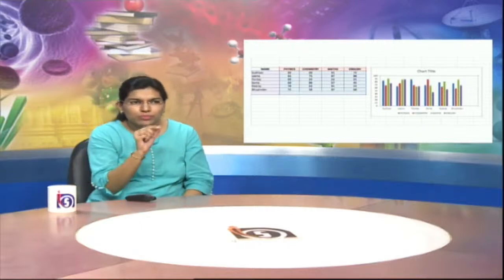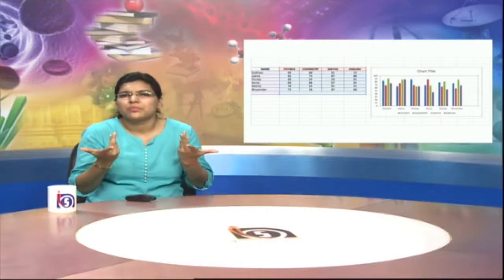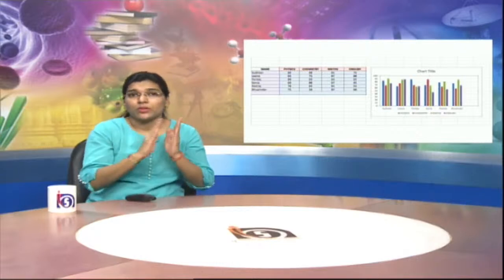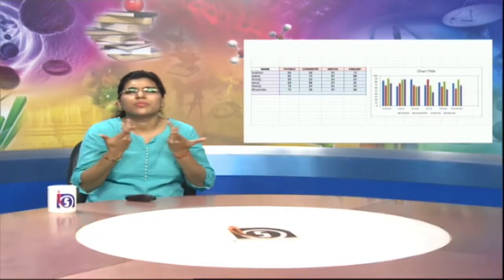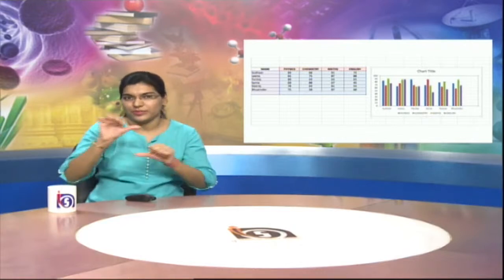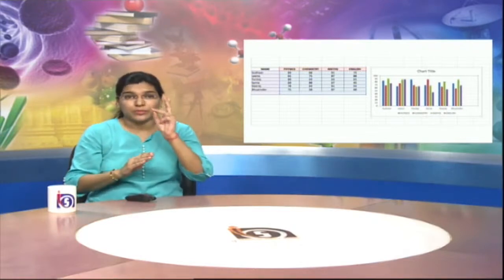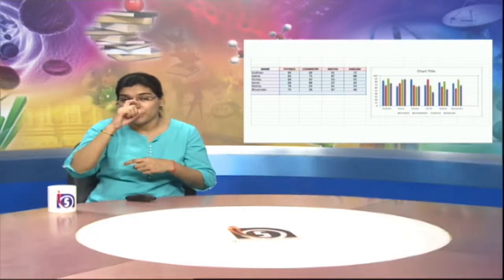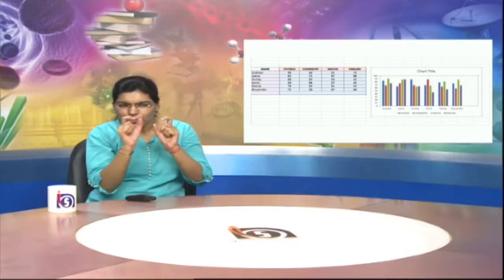And in the picture you can see the colored columns. They are showing, suppose in this picture, physics marks are shown in the blue color and red is shown for chemistry subject, and then green is for the mathematics marks, and then purple is for the English subject.